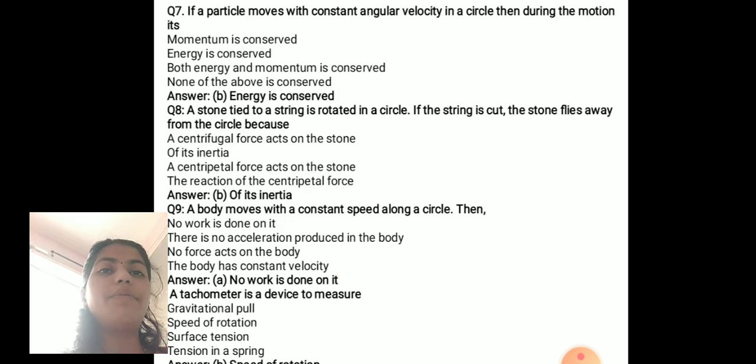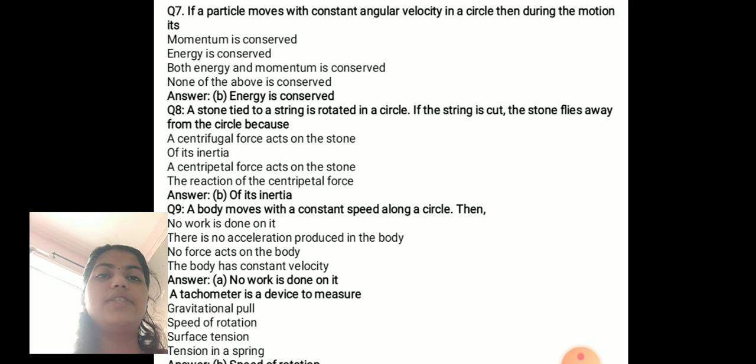If a particle moves with constant angular velocity in a circle, then during the motion, which is conserved? The options are: momentum is conserved, energy is conserved, both energy and momentum are conserved, and none of the above.